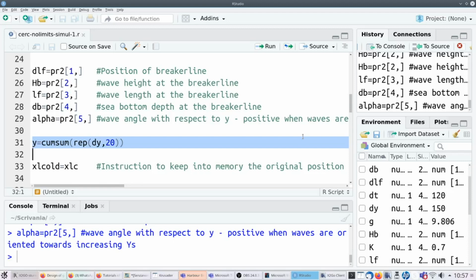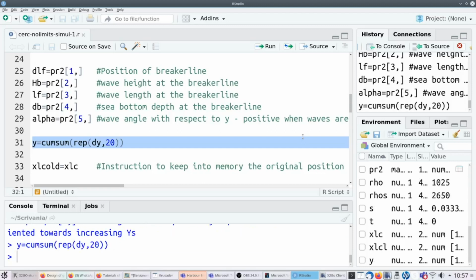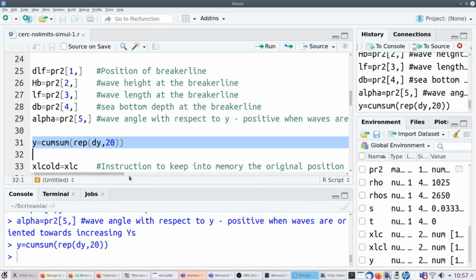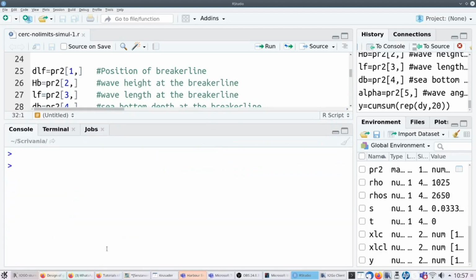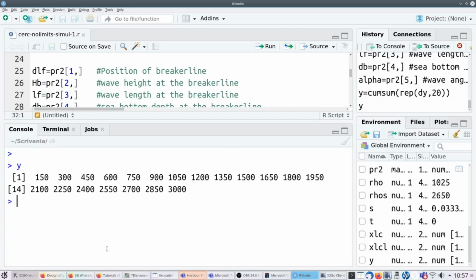It is cumulatively summing a vector which contains 20 repetitions of delta y. So if I execute this instruction, I get a vector, and you may look at the console how it looks. Let me expand the console a little bit and clean it. If you now press Y, you get the cumulative sum of the delta y's, which is what we wanted. So it is a quick, rapid check that what we did is fine.